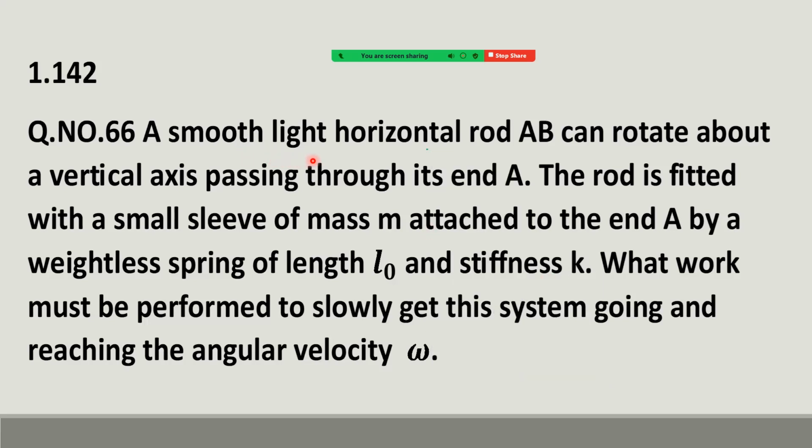A smooth, light horizontal rod AB can rotate about a vertical axis passing through its end A. The rod is fitted with a small sleeve of mass M attached to the end A by a weightless spring of length L0 and stiffness K. Stiffness means it is spring constant.